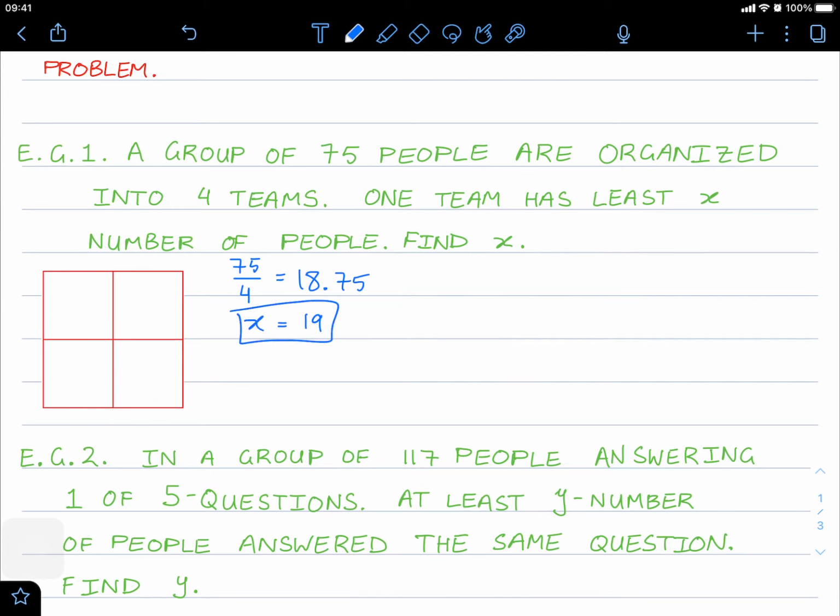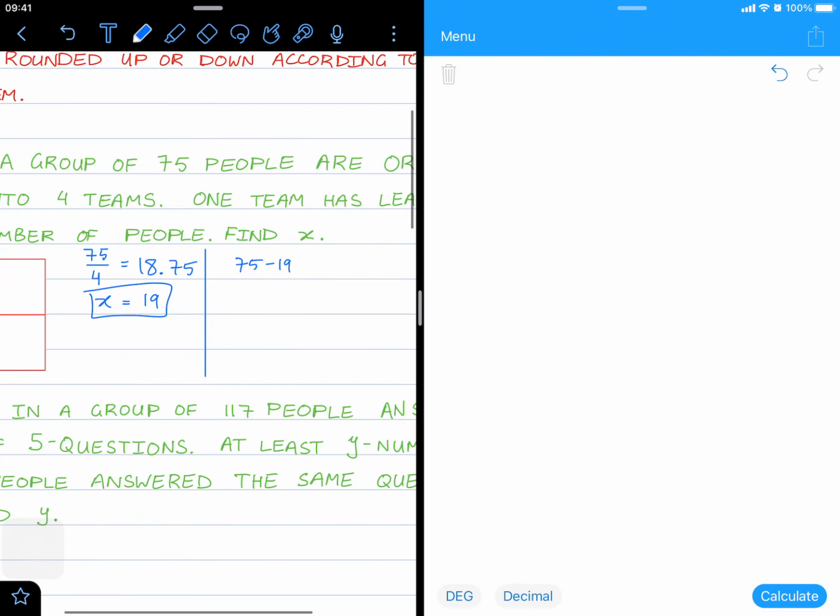That there is actually the pigeonhole principle in action. That means at least one of these teams must have 19 people in them. So let's take a look at what would happen. We take 75 and take away that 19. We get, I believe, 56.